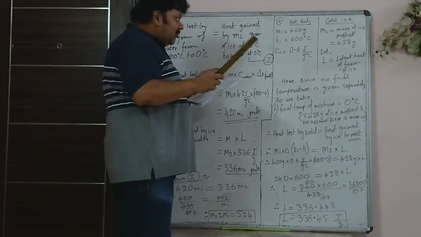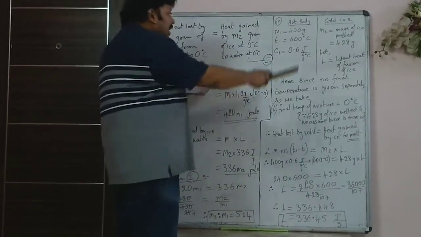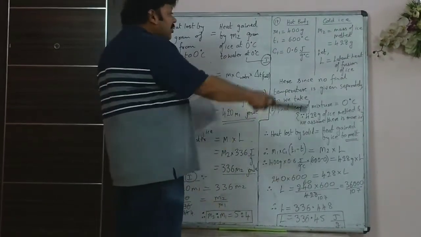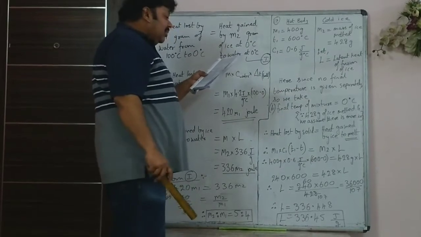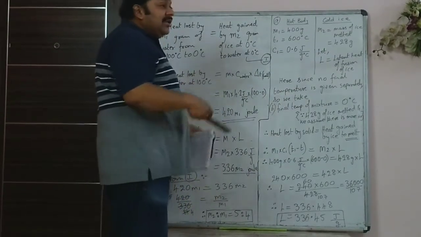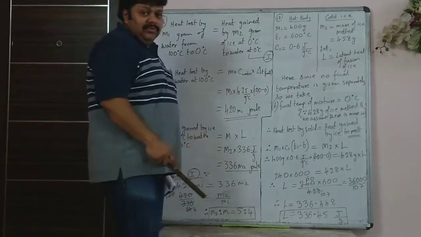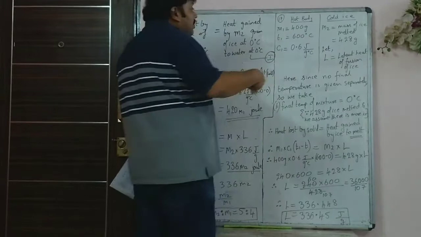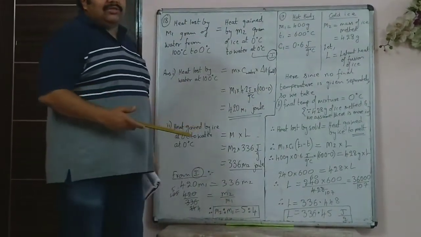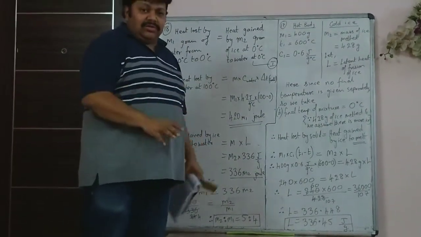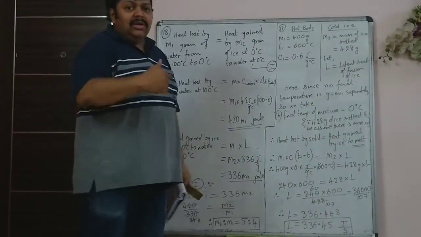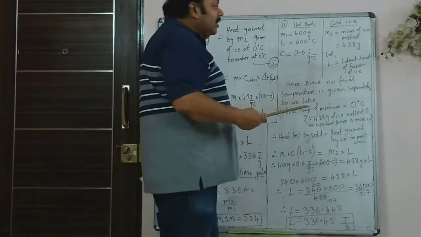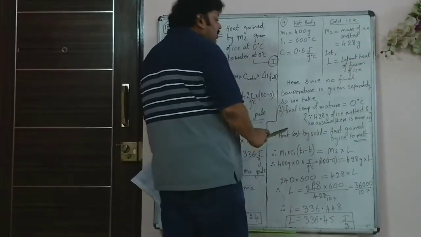A metal ball of mass 400 gram at 600 degrees Celsius and which has specific heat capacity of 0.6 joule per gram degree Celsius is placed on a big block of ice. So it is placed on ice and 428 gram of that ice melts. Means there may be more ice. It may be a huge ice block and in that ice block 428 grams of ice melted and became water at 0 degree Celsius.